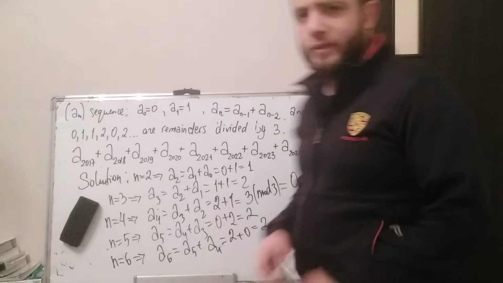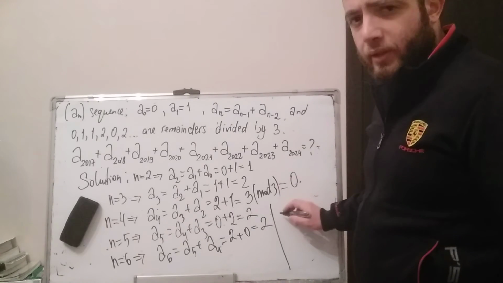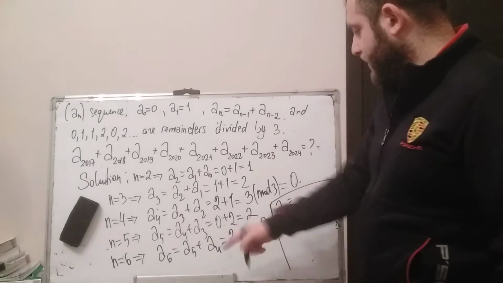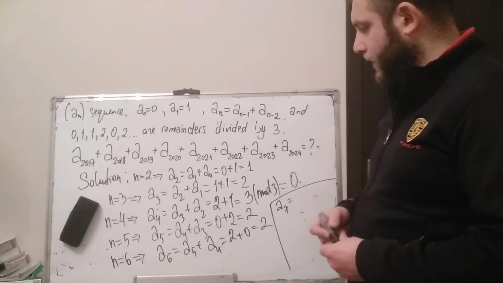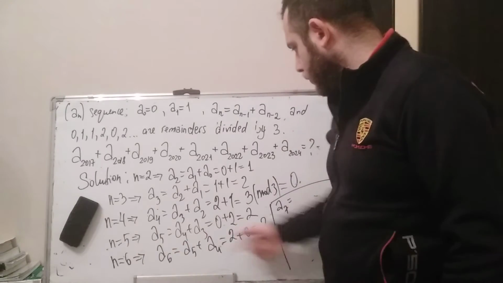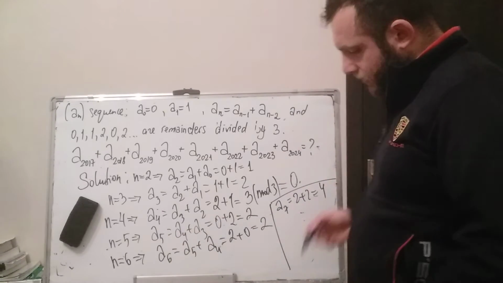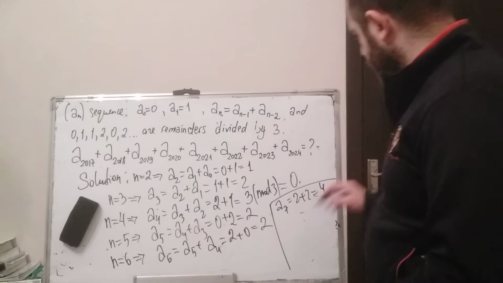So let's try a sub 7. Let me write a sub 7 and find up to a10. It will be a6 plus a5. 6 is 2, 5 is 2, and 2 plus 2 is 4. But we know that mod 3 will be just 1, remainder 1.